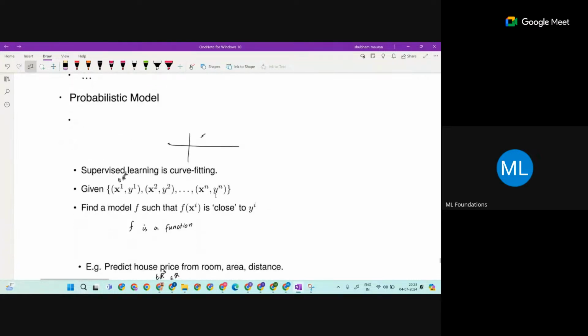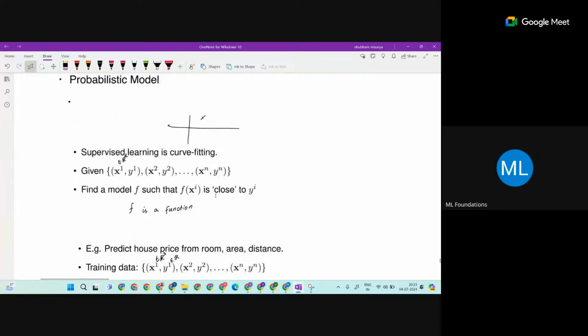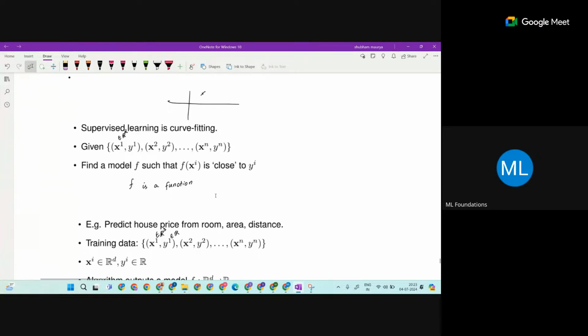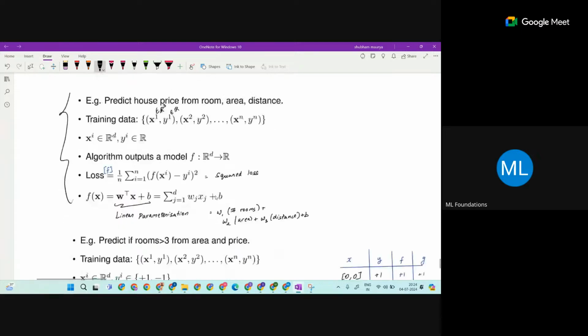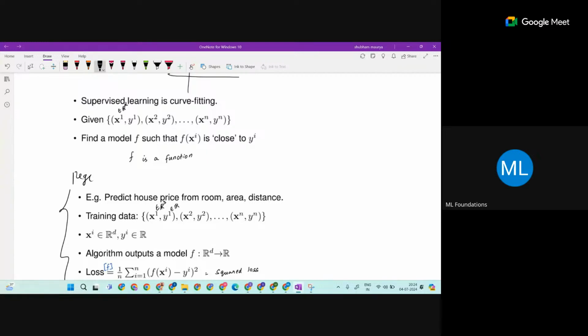Let's move ahead. Next, supervised learning is just a kind of curve fitting. Now in supervised learning there is regression.